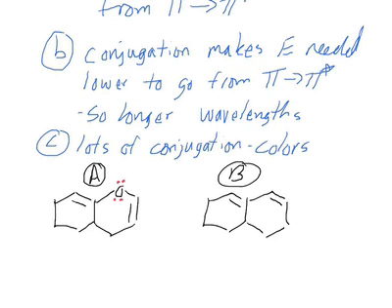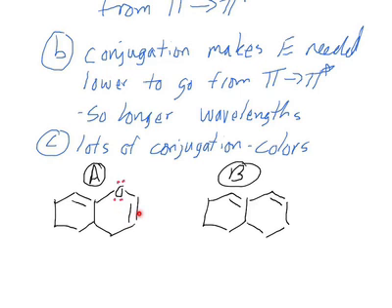So all you do is simply count, here's 1, 2, 3 versus 1 and 2. When things are conjugated, there's no sp3 carbons in the way. Notice we go from sp2 here to sp2 here, sp2 to a lone pair, which counts, to another sp2. So this whole system is conjugated. What did you say A was?